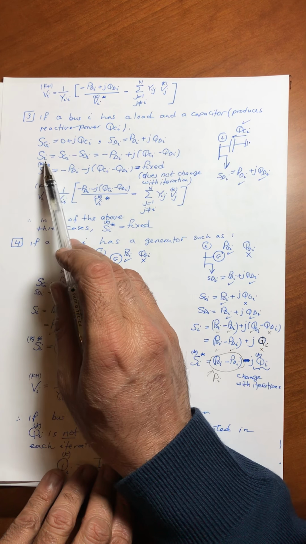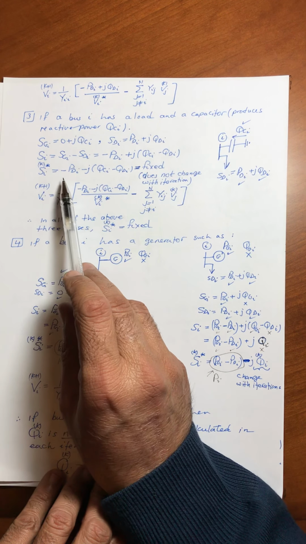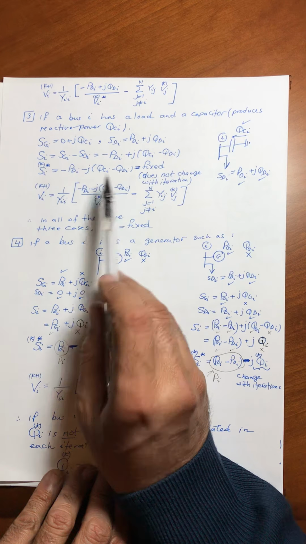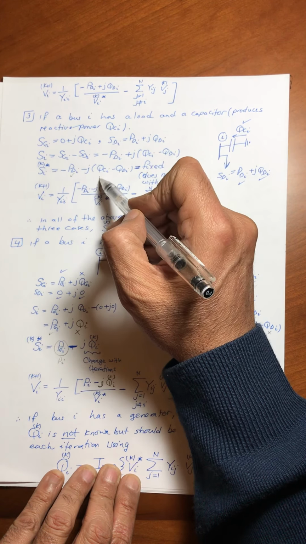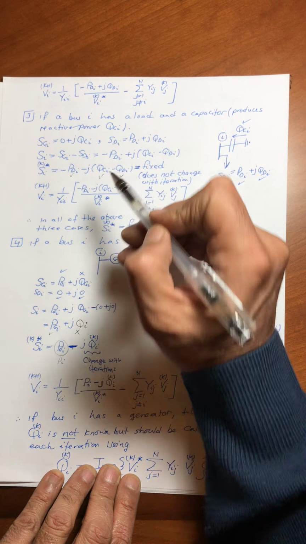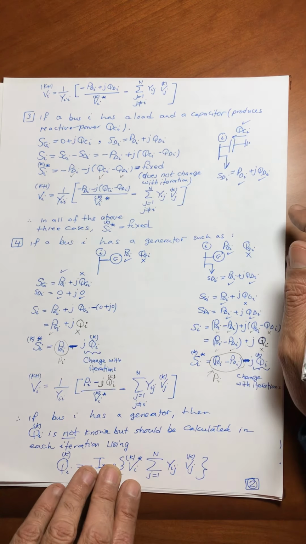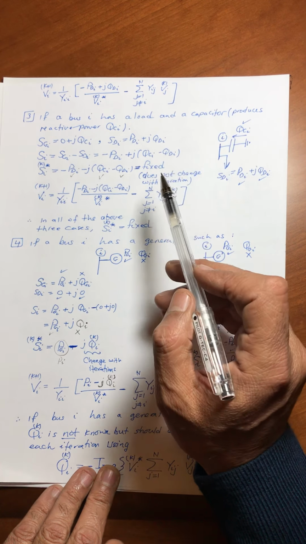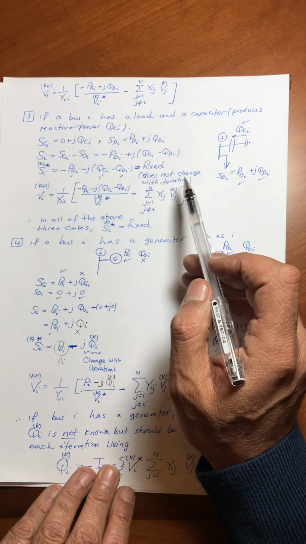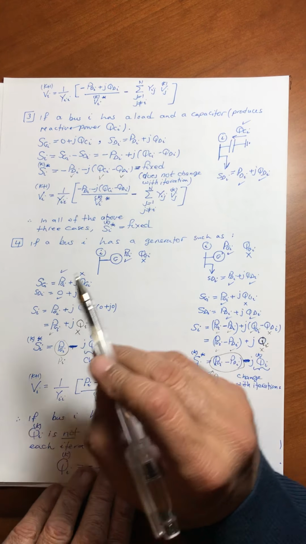And the conjugate of this complex power is as shown. So this is a known number, this is a known number, and this is a known number. So SI conjugate of iteration K is fixed also, which means it does not change or vary with iterations.